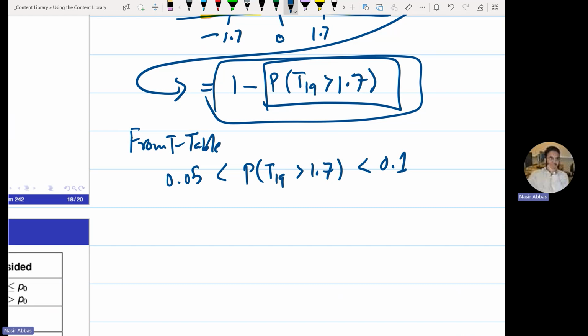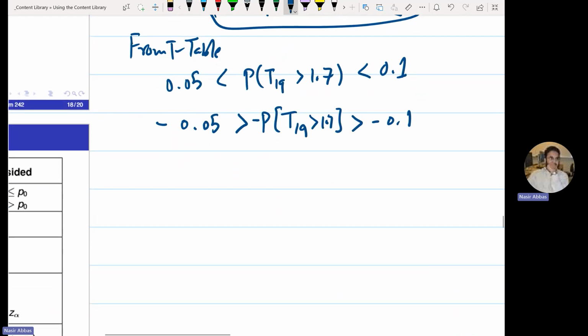So to convert it to p-value, what is the first thing you need to do? Multiply by minus. When you multiply by minus, what happens to the inequality? The inequality reverses, correct? Then add 1 throughout.